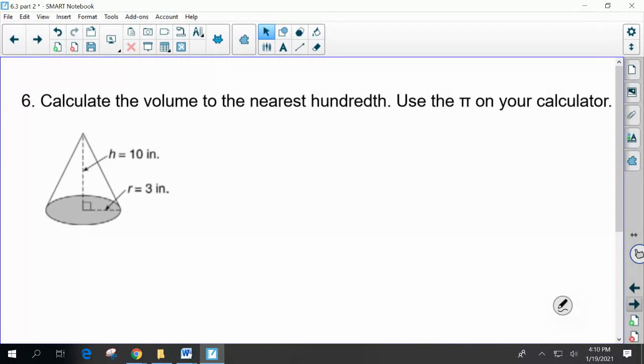Number 6, I would like you to pause your video and calculate number 6. You are rounding to the nearest hundredth, and you are using the pi button on your calculator. So pause your video and calculate number 6.